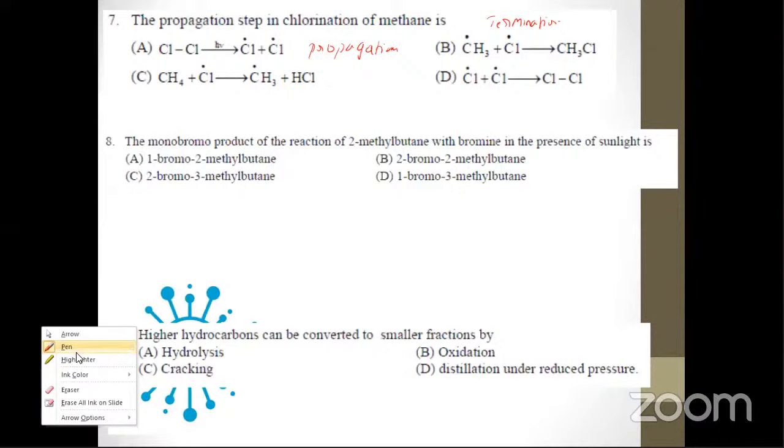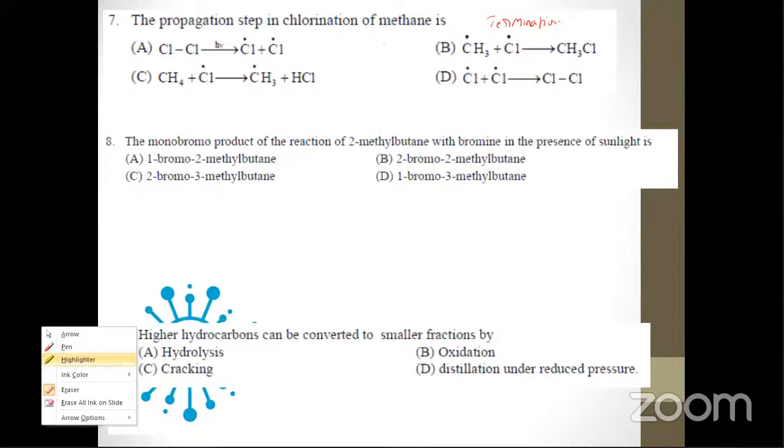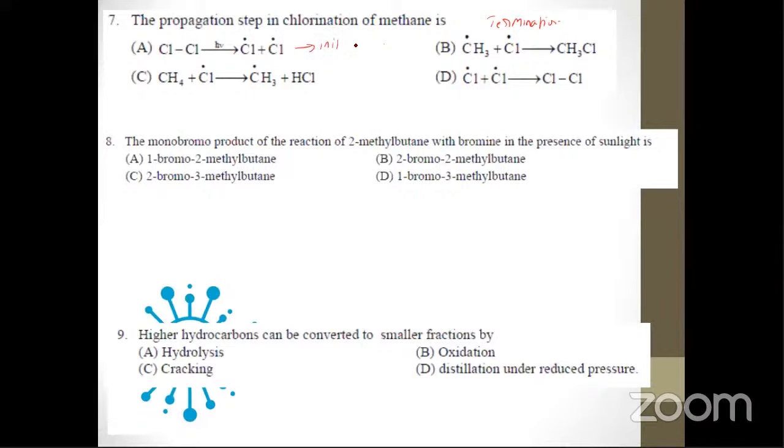Yes, the first one is actually initiation, the second one is propagation. Yes, this is initiation, this is termination, and this is propagation.